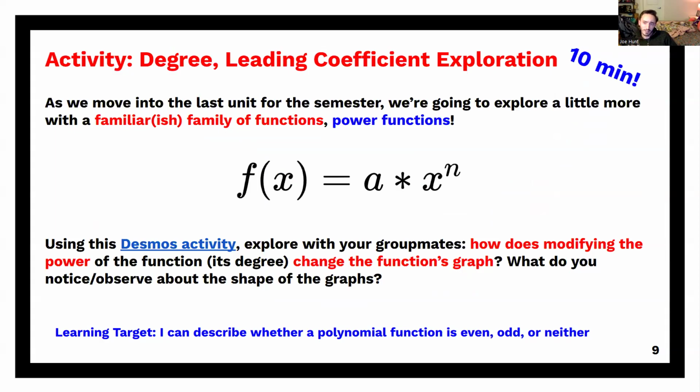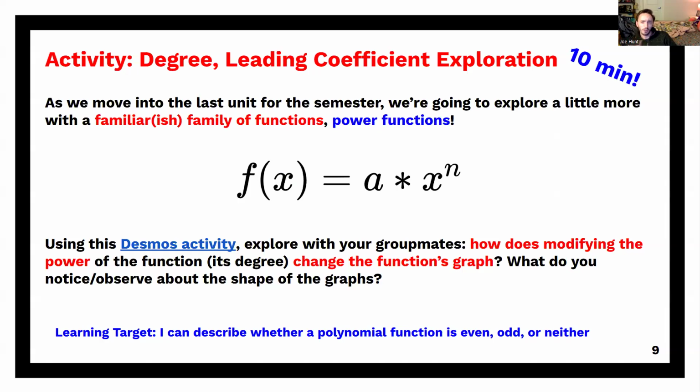What we want to do before we graduate into larger polynomials is focus on just the characteristics of this simplified version of a polynomial. Here, what I want you guys to do is take a look at this Desmos activity that I prepared for you. You'll find a link for this on our course Schoology page. If you click on that link, it'll take you to this activity.